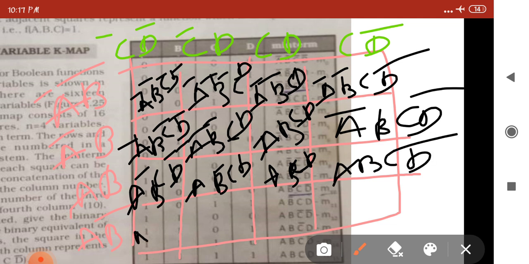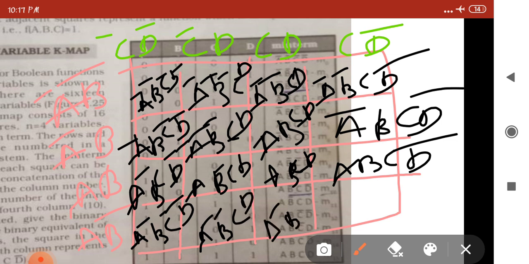Next is A B bar C bar D bar. A B bar C bar D. A B bar C D. A B bar C D bar. This is the way we have written it.